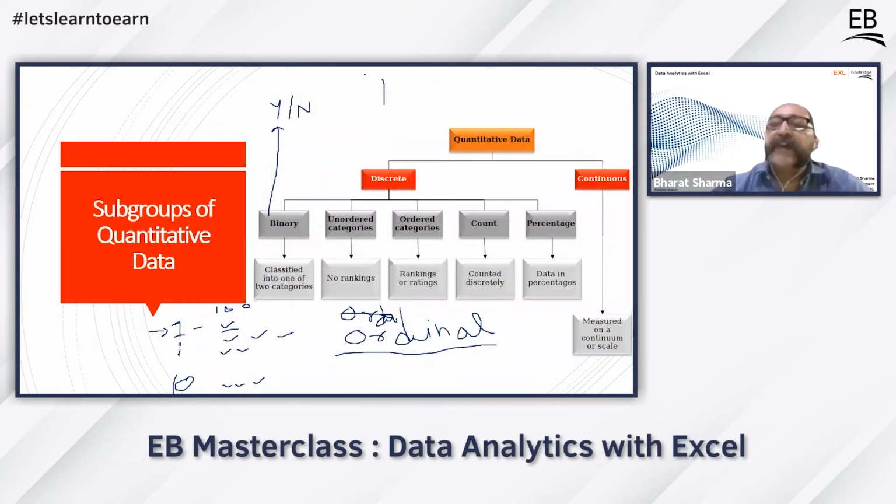But when I ask which is the top selling product, which is the second, the third, fourth and fifth, the moment I try to put a rank or rating to this data, I move from an unordered category to an ordered category.